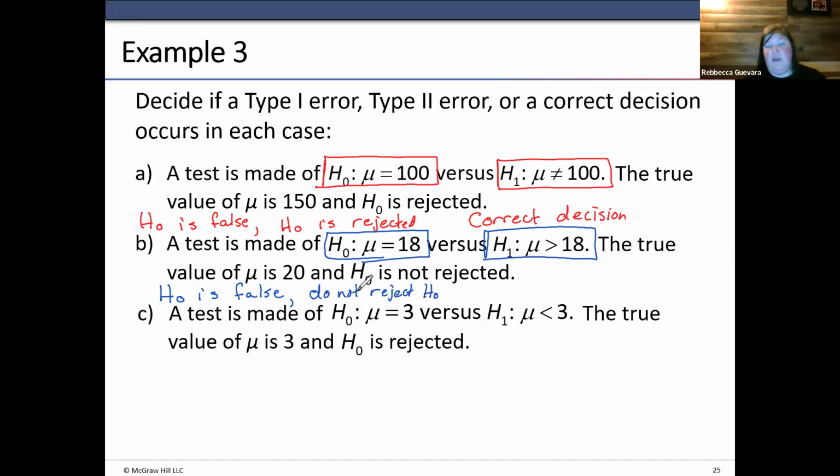So it's false, but we don't reject it. So when it is not rejected, so we fail to reject, but it's actually false, this is your type 2 error.